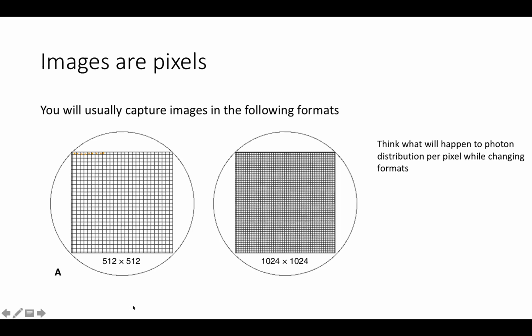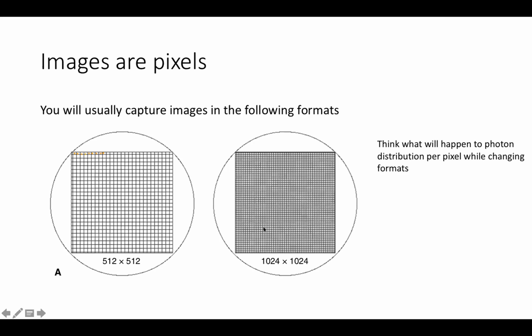If you were to select a 512 by 512 image raster pattern versus a 1024 by 1024 image raster pattern, it's going to take much longer to scan a 1024 by 1024 image compared to 512 by 512, because here you have 3 times a larger area to scan compared to a 512 by 512 image, right?